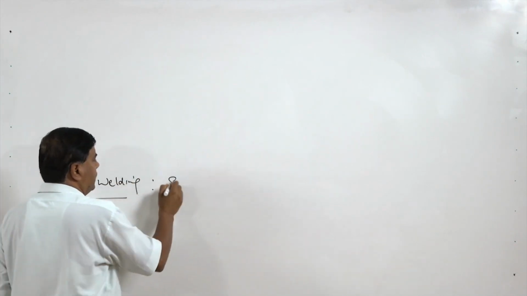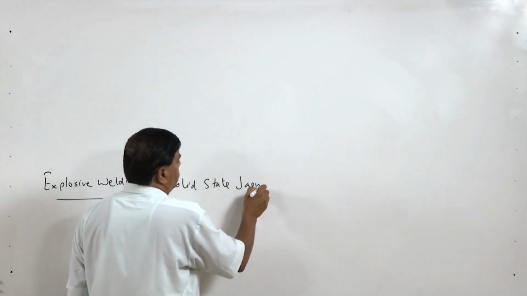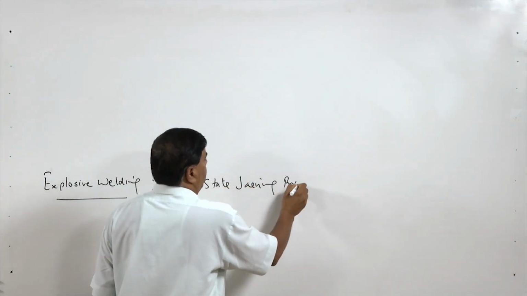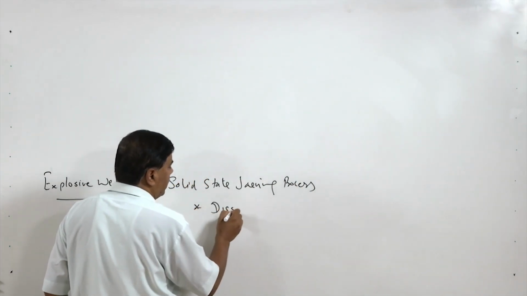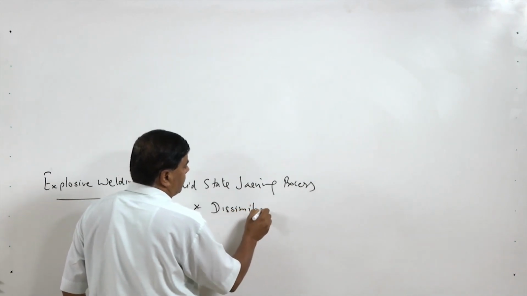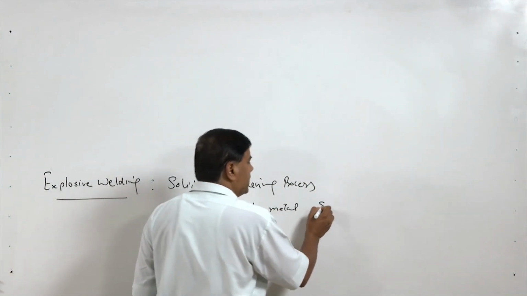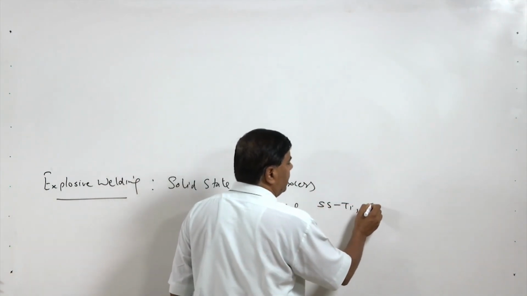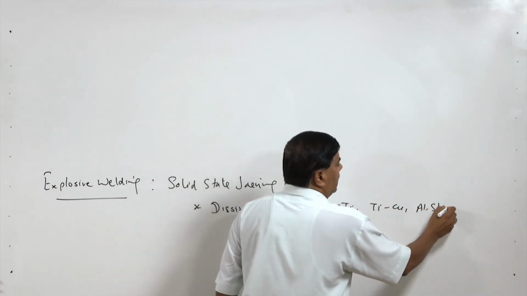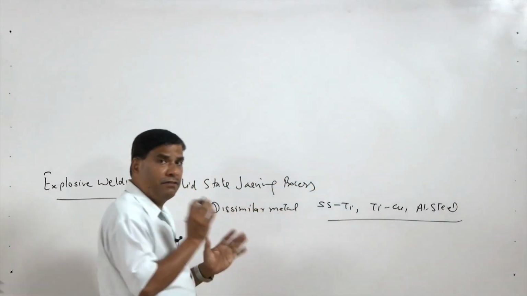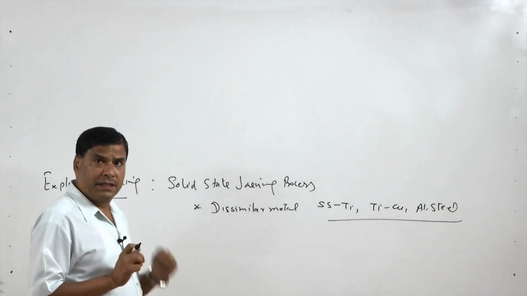This process is another solid state joining process, and this is primarily used for joining very dissimilar metals which are not metallurgically compatible with each other, like stainless steel, titanium, copper, aluminum, steel, etc. These very dissimilar combinations need to be welded, and they are joined using this process.